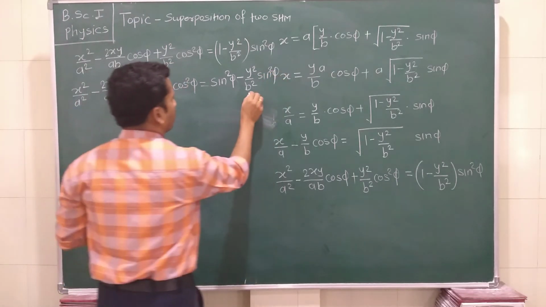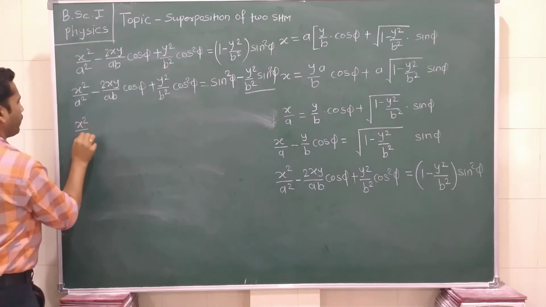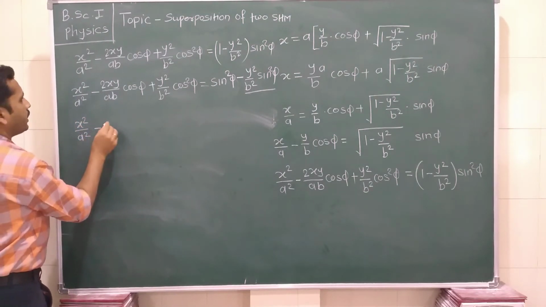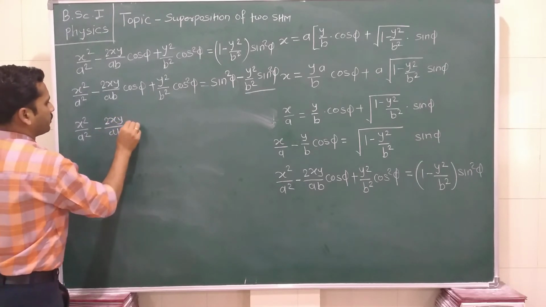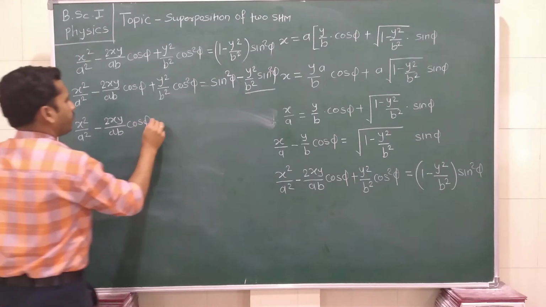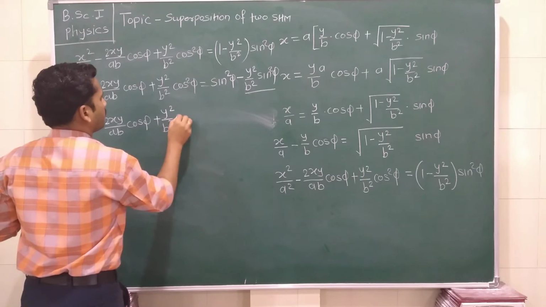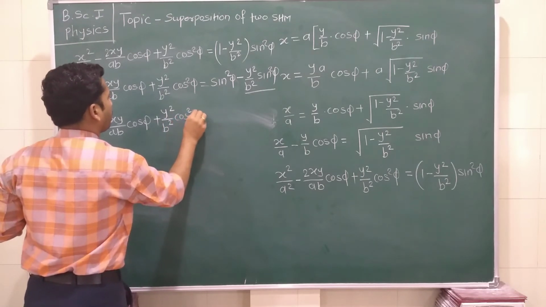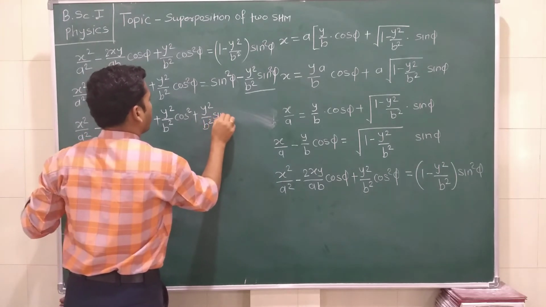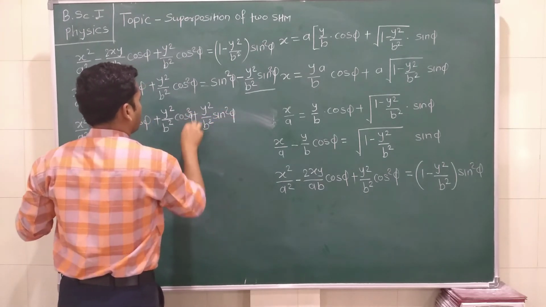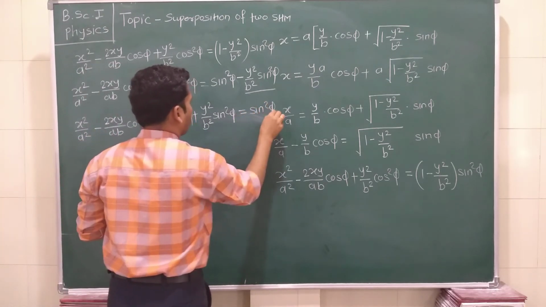Now, this term is shifted here, so we get x square upon a square minus twice xy divided by ab into cos phi plus y square upon b square cos square phi plus y square upon b square sin square phi is equal to sin square phi.